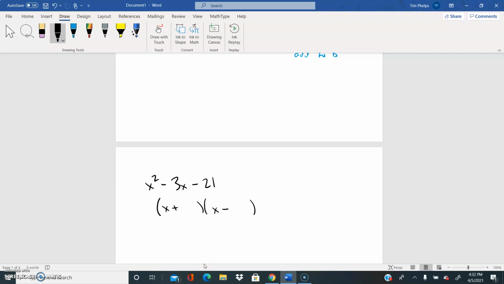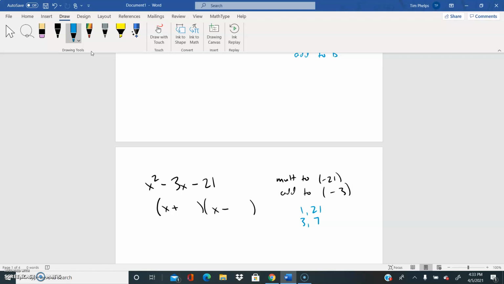If the constant term is positive, then the signs inside the parentheses are going to be the same, and they'll be the same as the sign on b, just the way it mathematically works out. So here I want two numbers that multiply to negative 21. At the same time, they need to add or subtract to negative 3. So if I think of my pairs, 1 times 21 is 21, one positive, one negative. And 3 times 7 is 21.